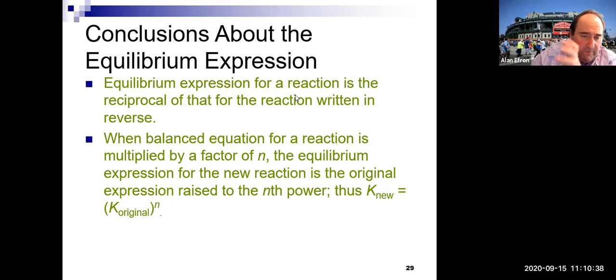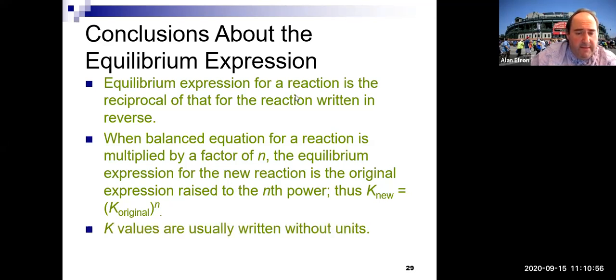If you reverse the reaction, you take 1 over the K value. If you have to multiply by a common number, you raise the K value to that common number. So if we times it by 2, we'll square the K value. Times it by 3, we would cube it. And as we talked about, no units involved there.